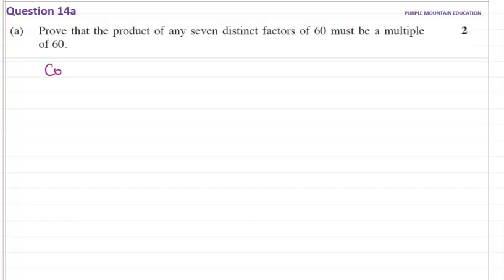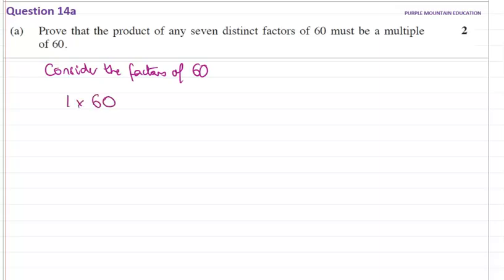Alright, so let's consider the factors of 60. Factors comes from the same Latin word as factory, meaning to make. So the factors of 60 are the numbers that make 60 through multiplication.